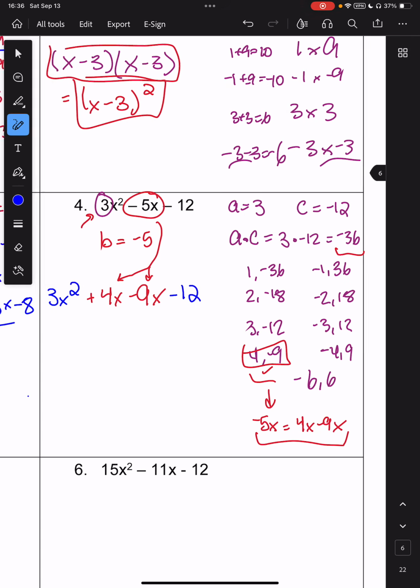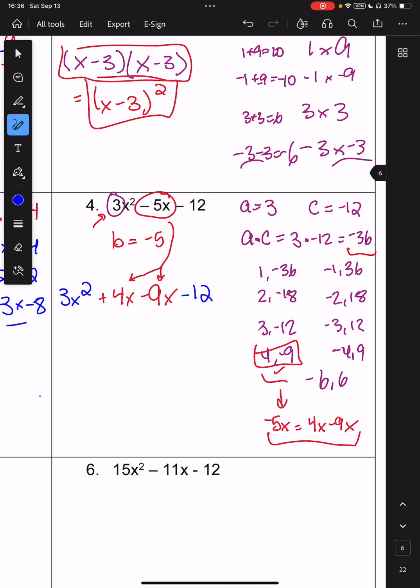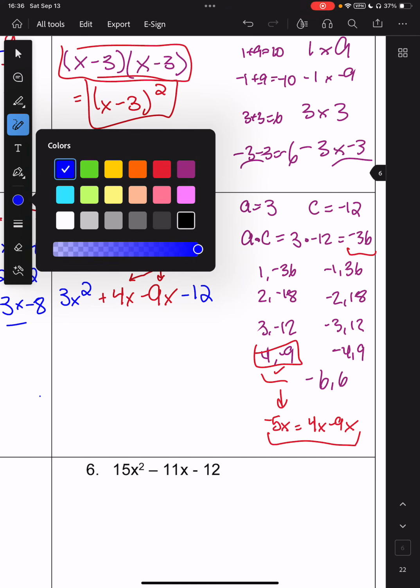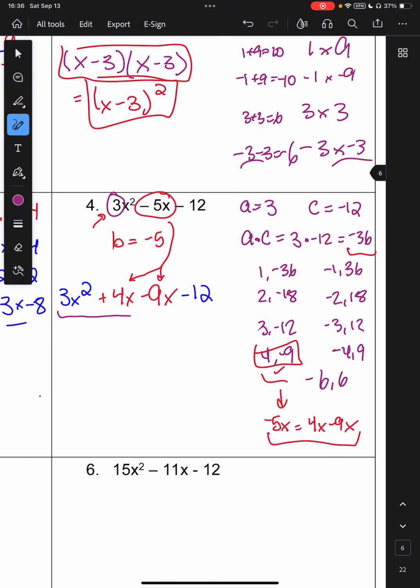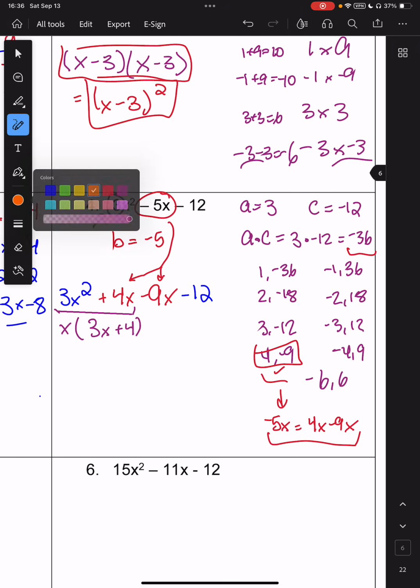So now let's start with our first part over here. Our 3x squared and our 4x have something in common. They both have an x that we can take out. So when we take out our x, we're left with 3x plus 4. Then for our second part, we have negative 9x minus 12.